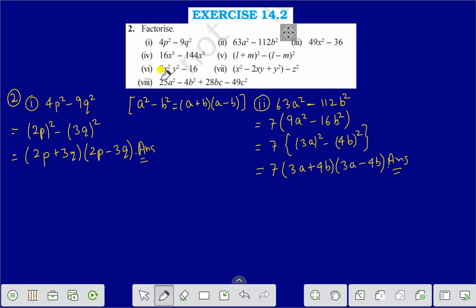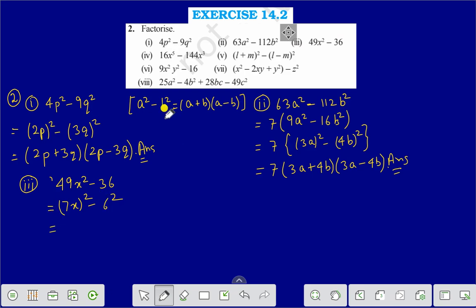Right? Now we will solve question number 3. Question number 3 is 49x square minus 36, or it can be written as (7x) whole square minus 6 square.